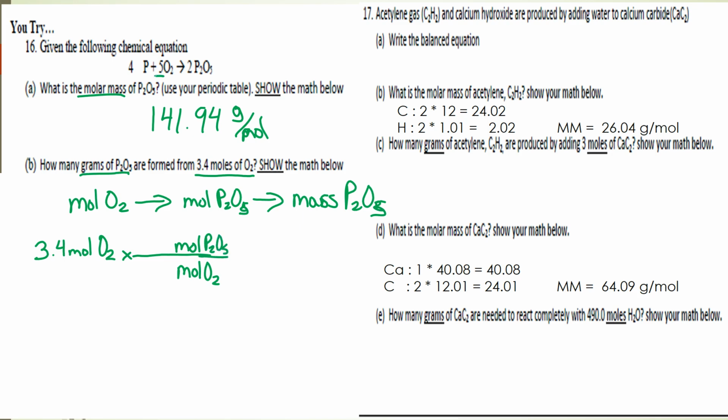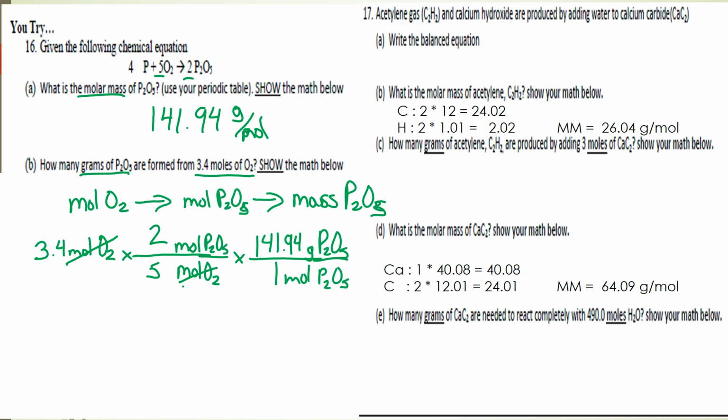And so I'm going to look at my balanced reaction. I have 5 moles of O2 for every 2 moles of P2O5. So that got rid of my oxygen. Now, how do I get from moles of P2O5? I need to use the molar mass. So I'm going to use the molar mass of P2O5. I'm trying to get to grams. Remember that molar mass is always relating to 1 mole of the substance.